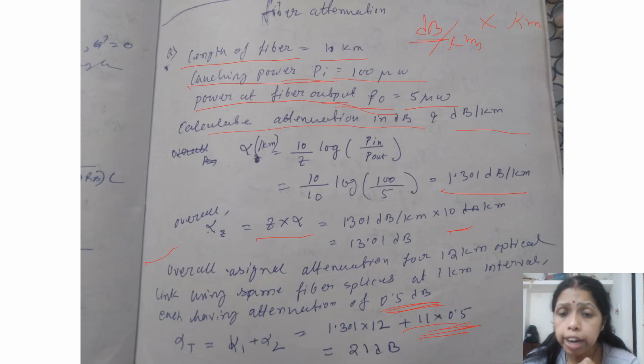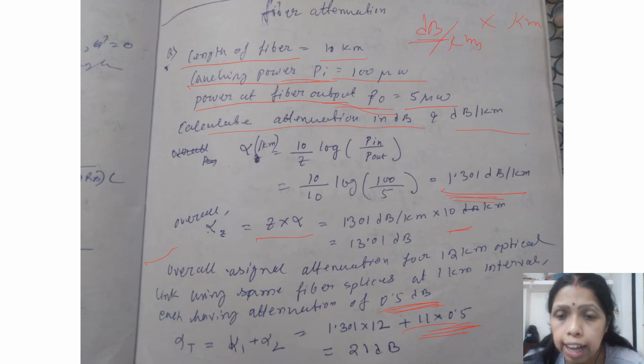So the attenuation from the splicers is 11 into 0.5, and for the 12 kilometer there is a fiber attenuation of 1.30 dB per kilometer. The dB per kilometer attenuation is constant for a fiber, whether it is 10 kilometer, 12 kilometer or 20 kilometer. Overall attenuation will change because of the length of the fiber, right?